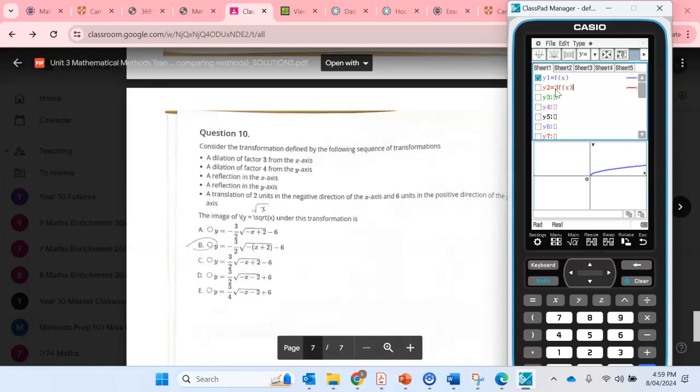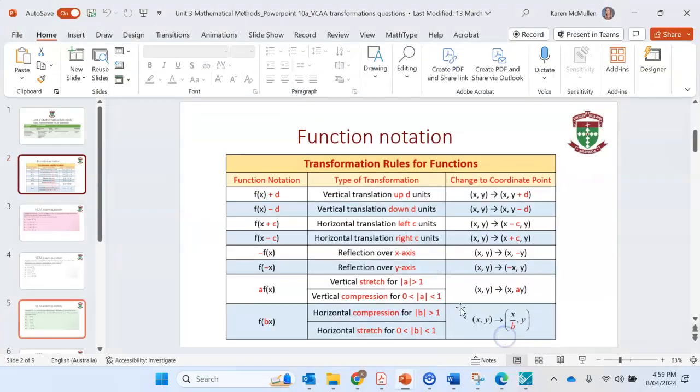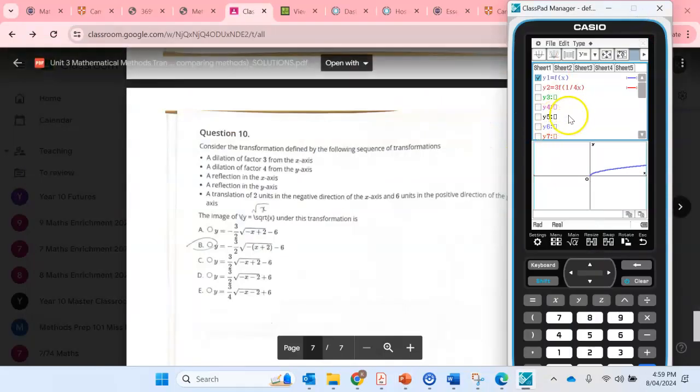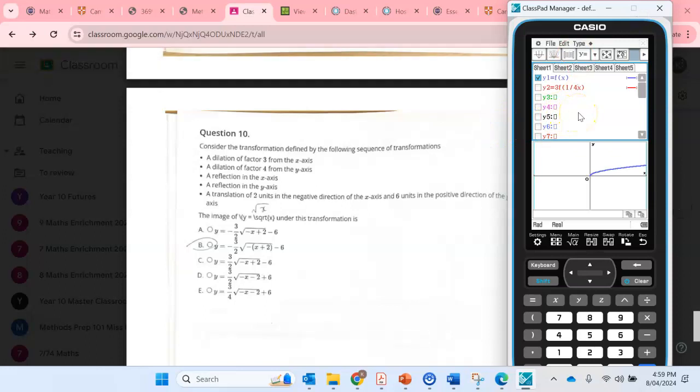And then dilation factor of 4 from the y-axis. So that does change our x and it's the reciprocal. So just remember, going back to our function notation, down the bottom, your b does have to be the reciprocal. So if it's 4, it's 1 over 4. If it was a half, your reciprocal would be 2. So you just treat it as a fraction and flip it.